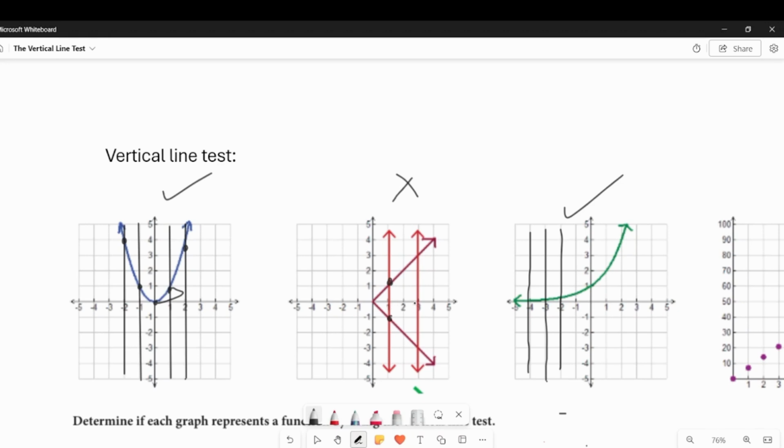Here the input is 3, and for the same input you are having two different outputs, this 3 and this -3. Similarly for 1 here, you are having two outputs, 1 and -1. So if we are having 2 points here, it's not satisfying the definition of a function.